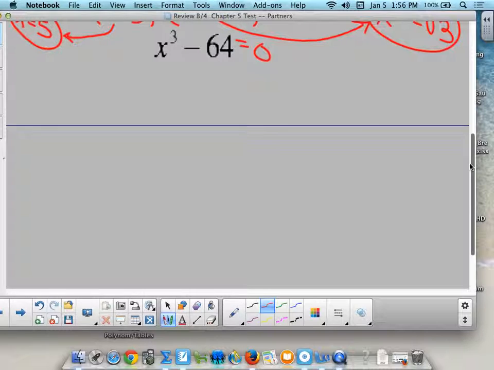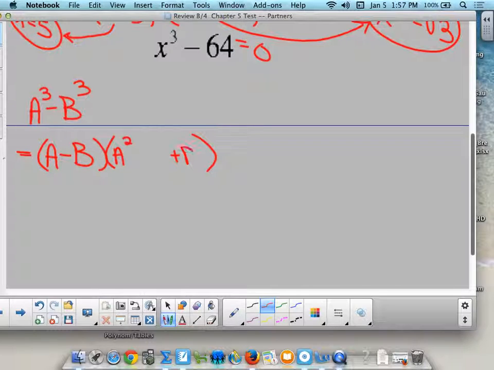Then you've got to go back to your memory and say, okay, do I know when I have a perfect cube minus a perfect cube, do I know the 2 factors? Because you have to know it by Friday. I'm not giving you this formula. This one's going to be A minus B, times A squared in front, plus B squared in back.